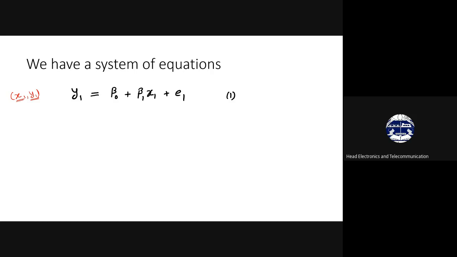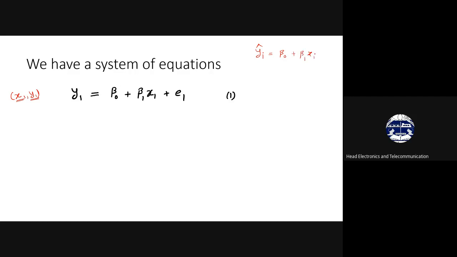Now what I do is prediction based on the line that I have assumed. The line I have assumed gives me a predicted value yi equal to beta 0 plus beta 1 xi.